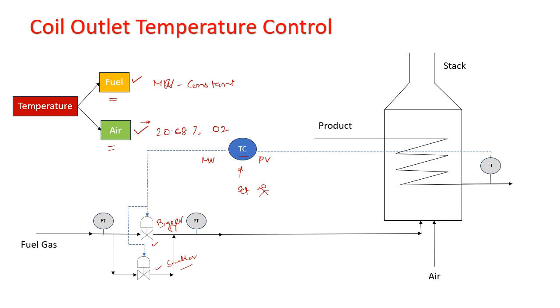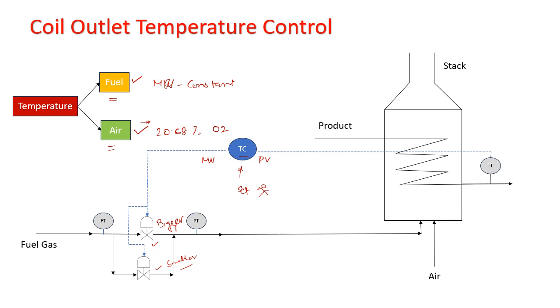Depending on the set point and the PV value, the temperature controller will give the open or close command to the valve to regulate the flow. And by regulating the flow, the combustion gets controlled, and in that way the temperature gets controlled.